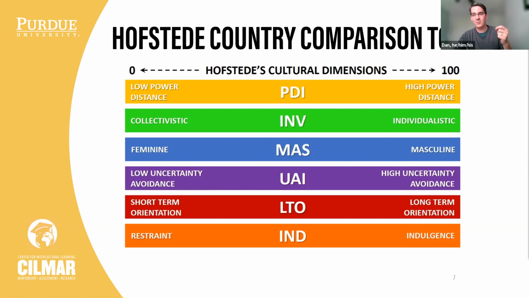A trend or tendency within a particular national culture may look like this, but within that national culture there are always individuals who differ, to varying degrees along this spectrum. So it's a starting point. It's not meant to be applied universally to every individual or member from that culture.